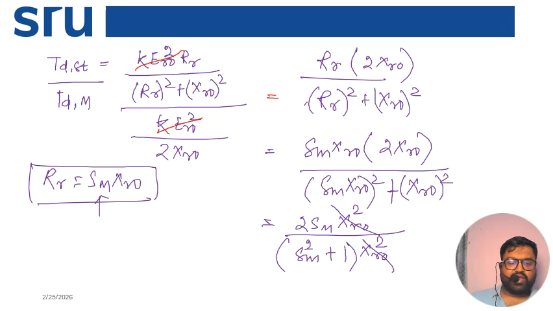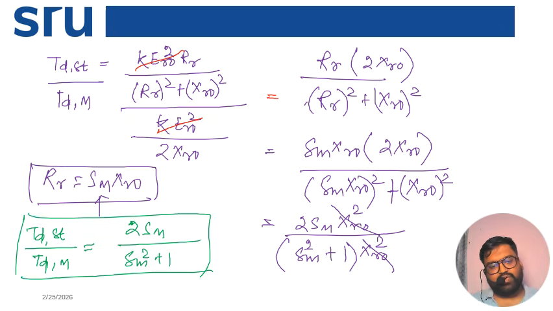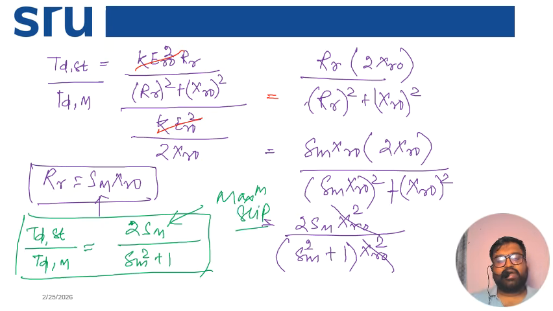XR0 cancels out. The final formula we can write: TD starting by TD maximum is equal to 2 into SM divided by SM square plus 1. This is the formula. Similarly, what is SM? SM is nothing but the maximum slip condition.